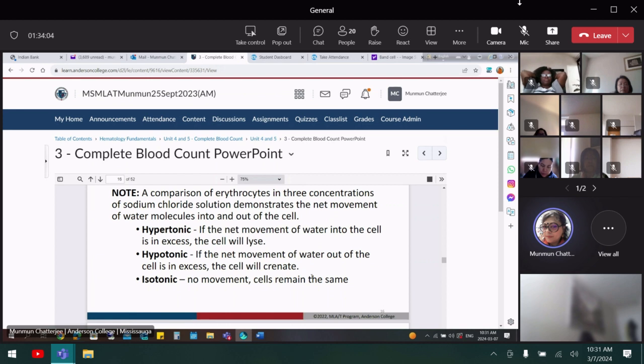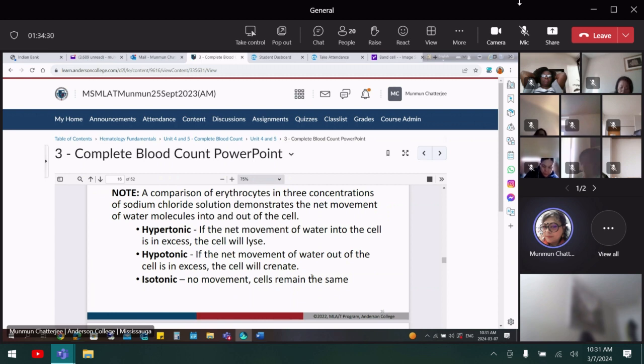When inside the cell is more diluted and outside is more thick, that is when you have dehydration. So then what happens? The water is going to come out from inside the cell to the outside of the cell to make it isotonic.